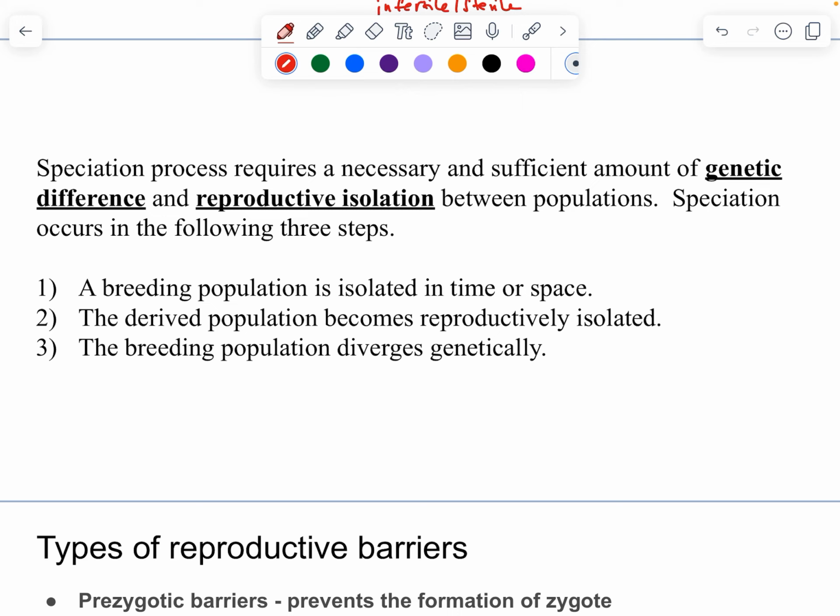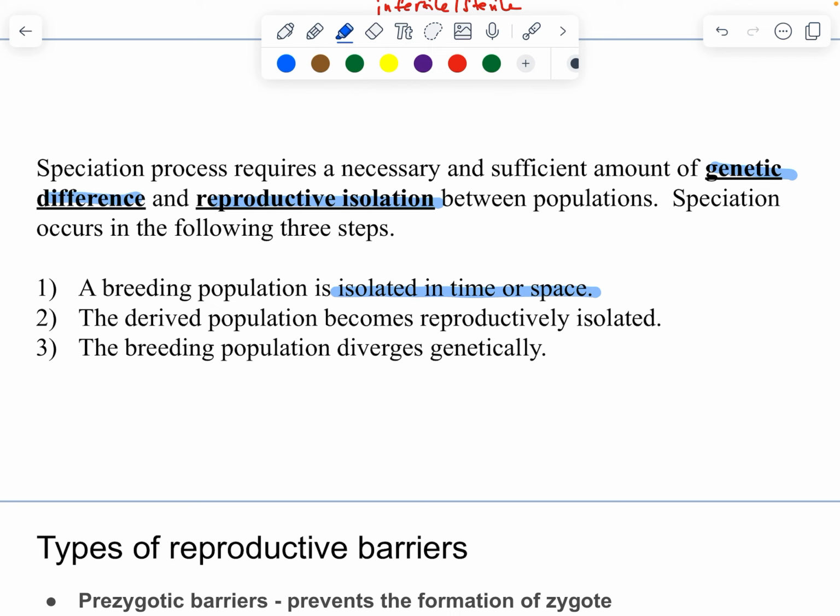Okay, so now let's talk about the stages or steps required for speciation to happen. Speciation requires a sufficient amount of genetic differences and reproductive isolation between populations. It occurs in 3 main stages. Stage number 1, a breeding population becomes isolated in time or space.